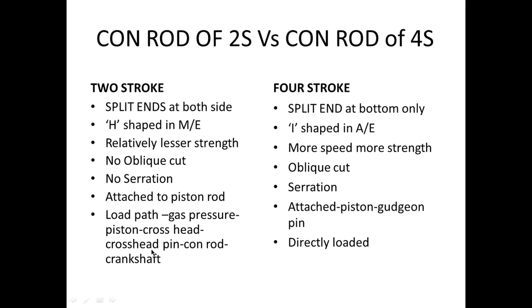Also it maintains engine alignment, so there is no need of serration, as serration functions to align and take the direct load of the piston, provide additional surface area for load distribution, also take shearing load, and prevent this load from transferring to the bolts. As it is done in the case of a four-stroke engine, which is directly loaded, the load will also come on what is known as the bolts.